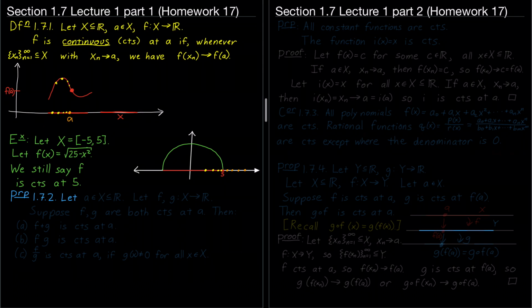Let's let a be a point in a set X that's a subset of R, and let's let f and g be two functions. Both of them have domain X and range the real numbers.